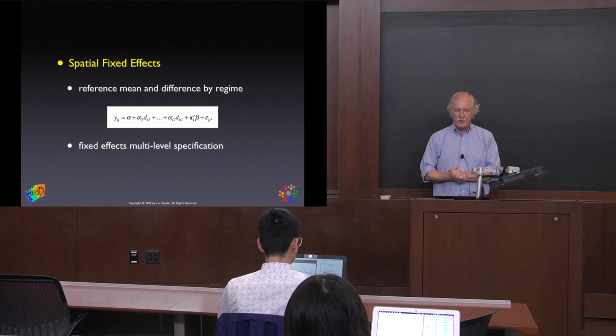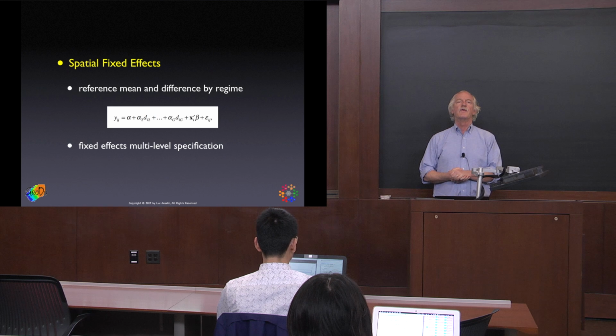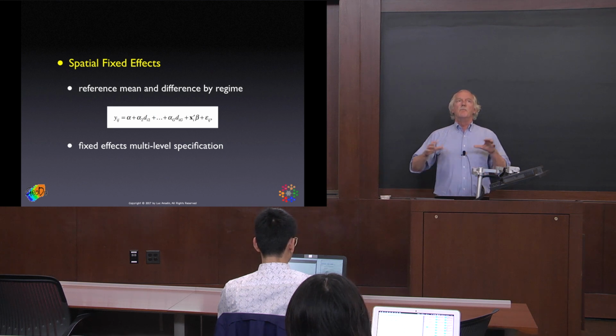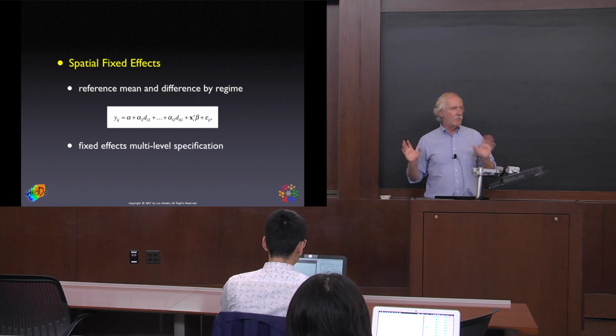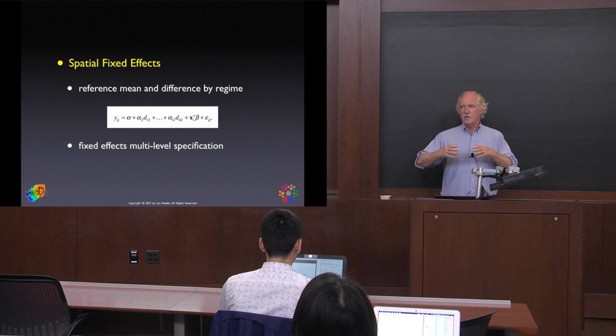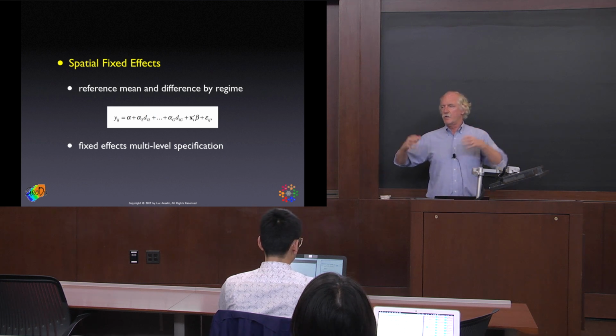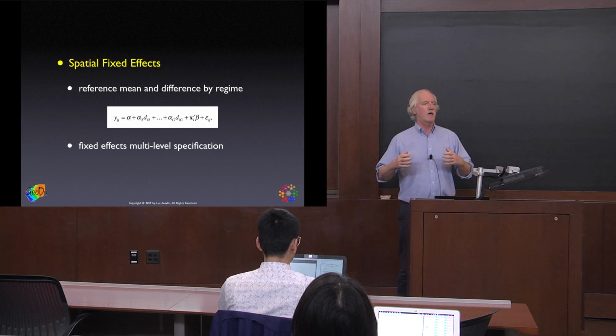Another context in which this comes up is when you have multi-level data in some sense. So not necessarily multi-level models, but data that group themselves nestedly in space. So a typical example would be housing units within census tracts.